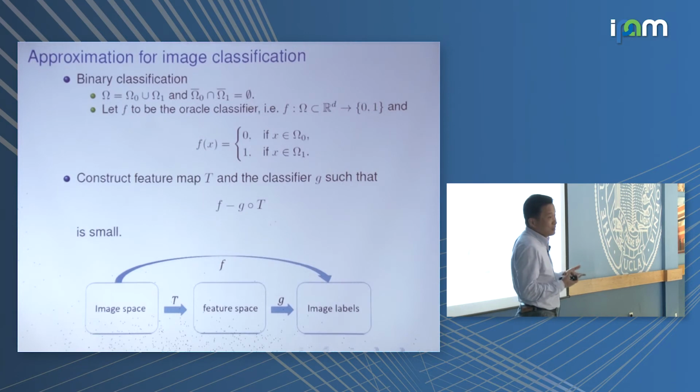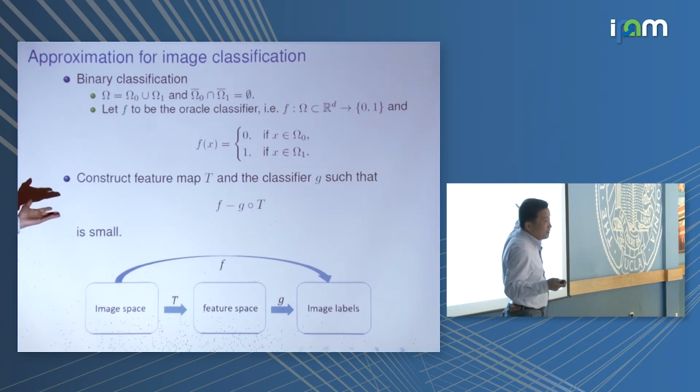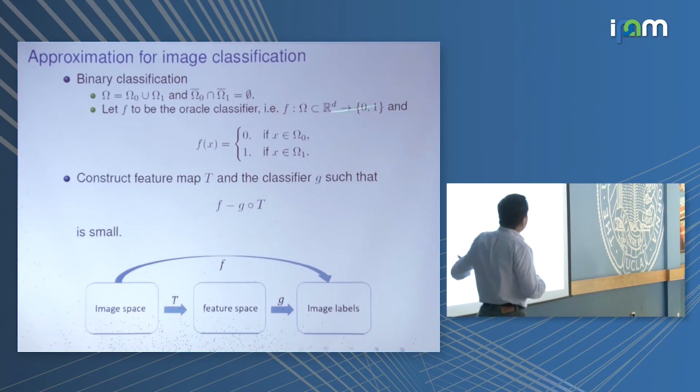This kind of function has a very simple form, but the domain is extremely complex. That's different from traditional approximation theory in this deep learning case. Your function form is simple, piecewise linear or piecewise constant, but your domain is so complex.